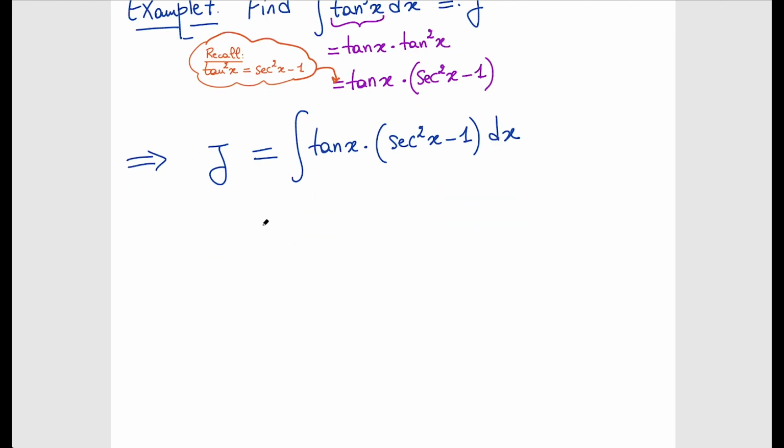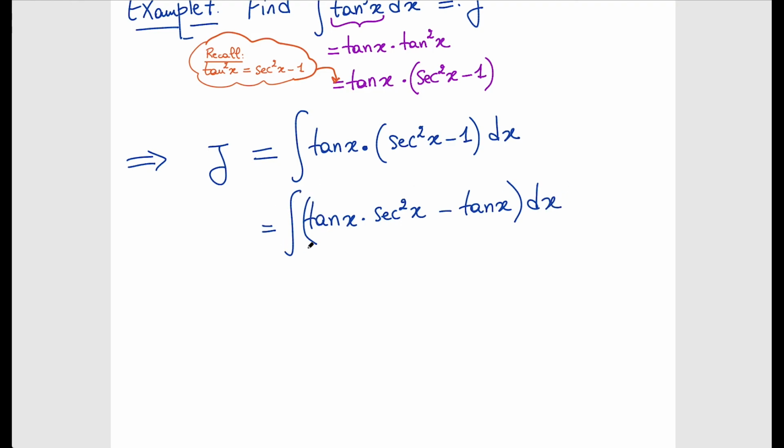And what I can do is distribute the multiplication over subtraction to obtain tangent x times secant squared x minus tangent x dx. Correct?